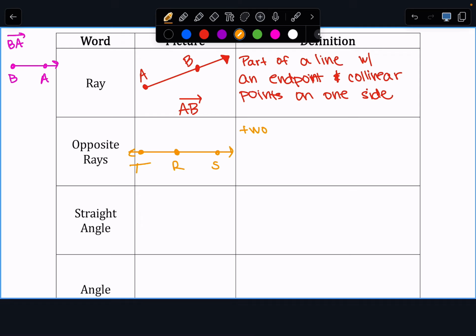So opposite rays are two collinear rays, and this is important. They have to share a common endpoint. So we can say that RS and RT are opposite rays because they're collinear and they share the endpoint R.